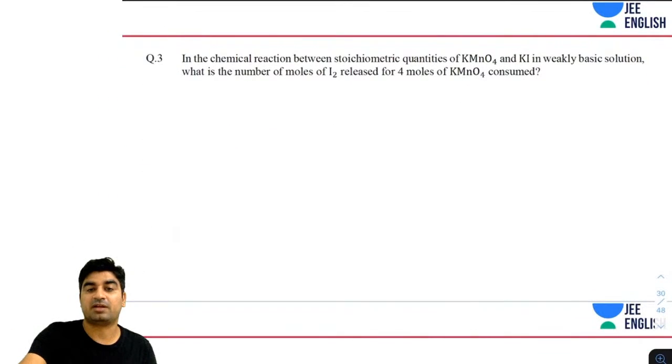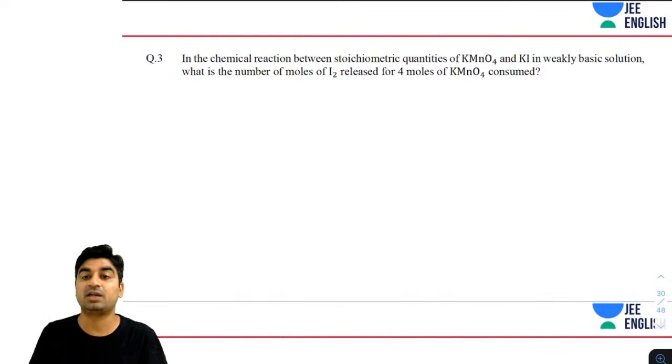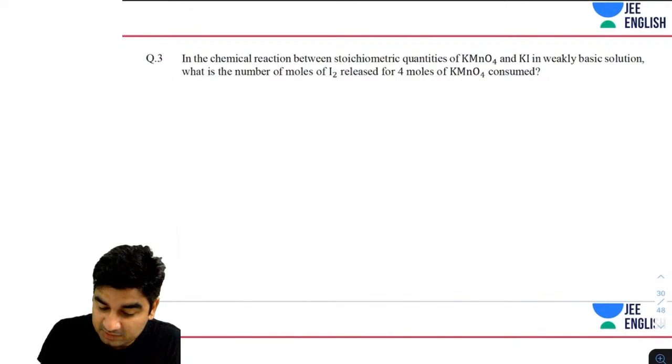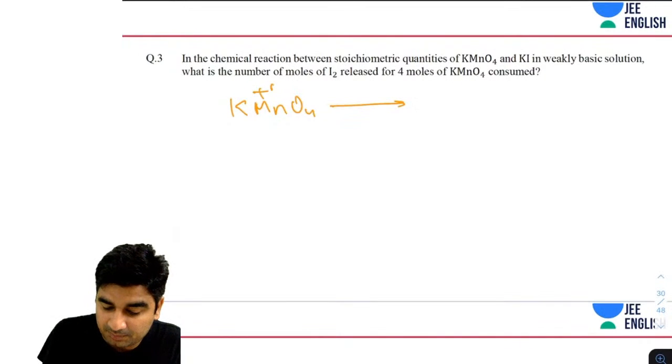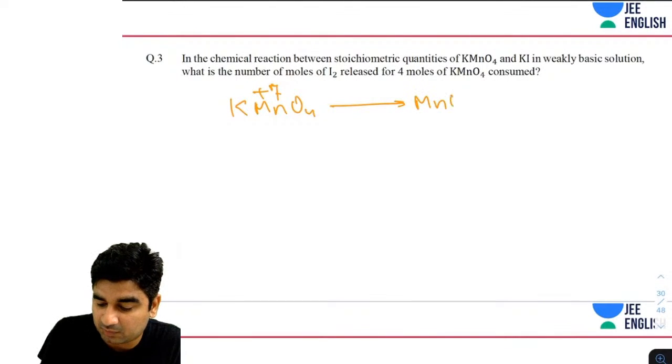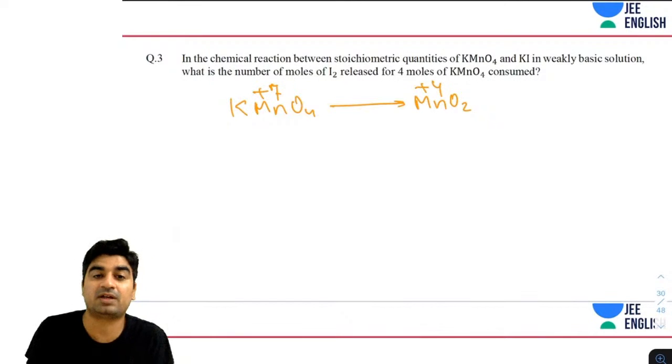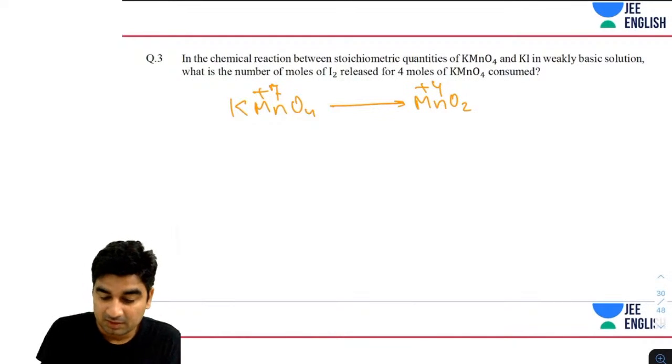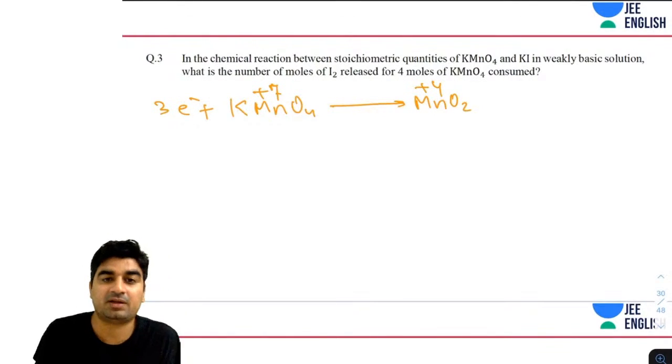Now, in a chemical reaction between stoichiometric quantities of KMnO4 and KI in a weakly basic medium. So guys, when it says weakly basic medium, Mn will move from +7 to +4. So 3 electron gain will be here and n factor will be 3.